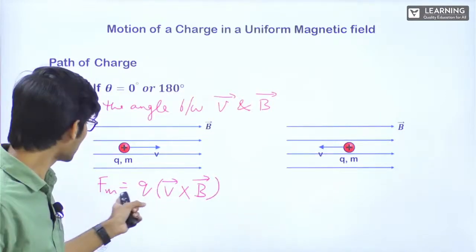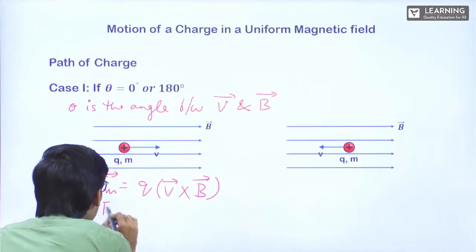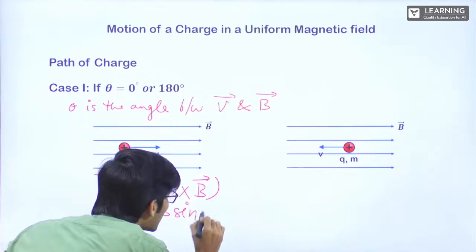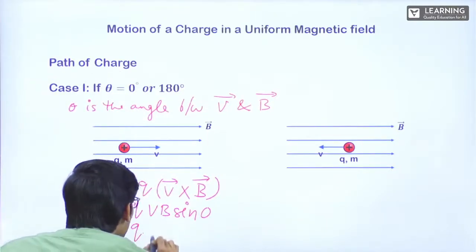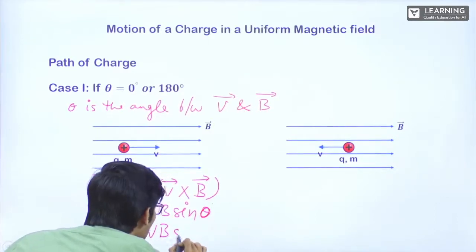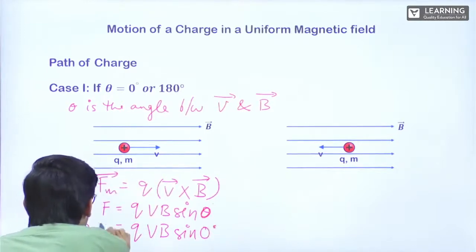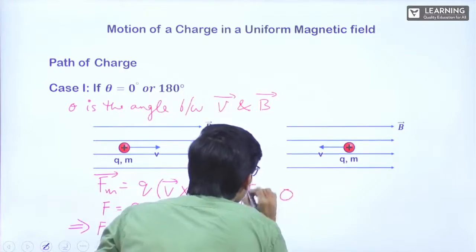So now if I see the magnitude, that will be QVB sine theta. Here theta is 0 degrees, that is QVB sine 0 degrees, correct? That is F. From here what we got, F is equal to 0.